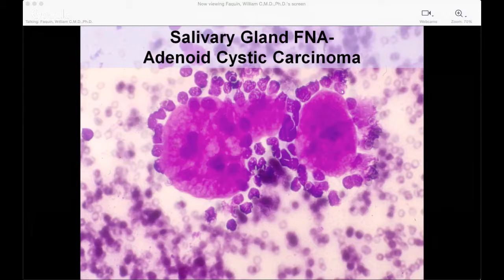And we have these basaloid cells surrounding these very, very well-defined matrix globules. This pattern is very characteristic of adenoid cystic carcinoma. And if you had this pattern and it's in the proper clinical scenario, the patient perhaps has nerve symptoms, or clinically we recognize it as malignant, you can make a diagnosis of adenoid cystic carcinoma.